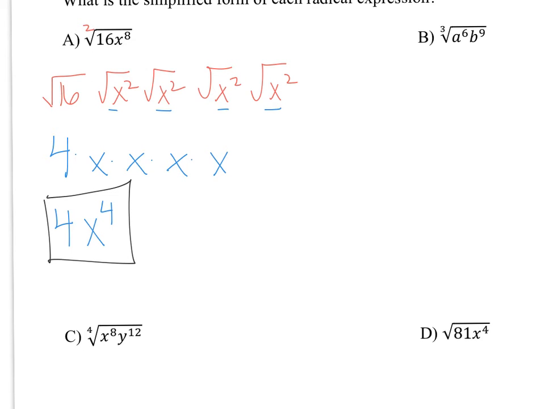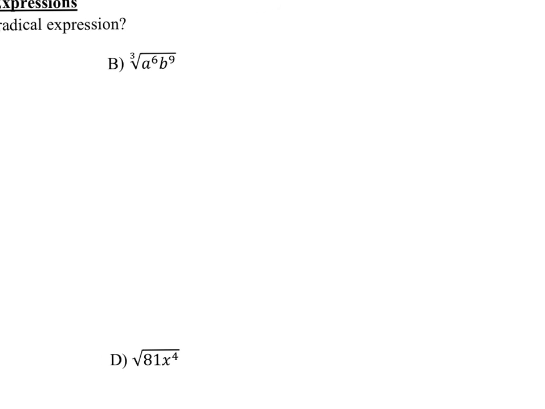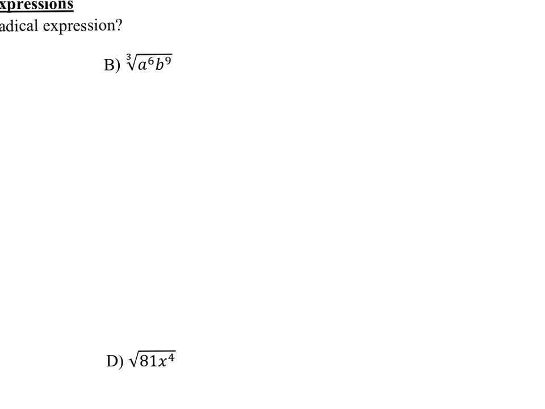So if I look at B here, it's the same kind of thing. How many groups of 3, because it's a cubic root, are in 6? Well, there's 2 groups of 3, so that would be a squared. And then the same thing: how many groups of 3 are in 9?